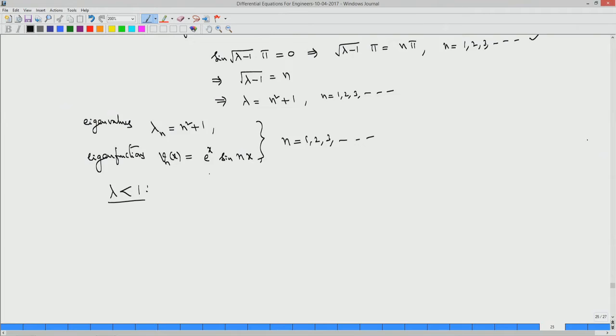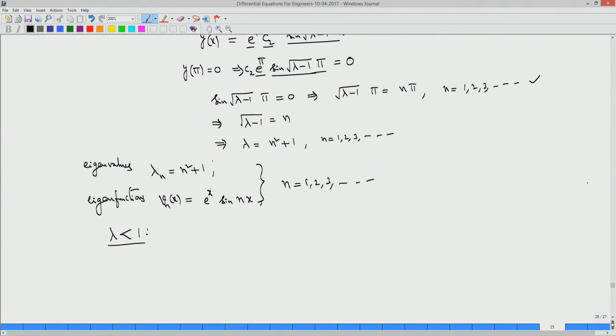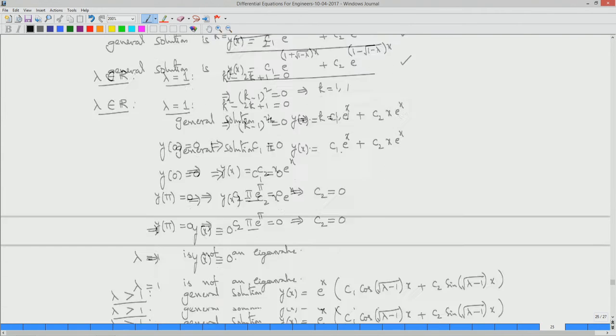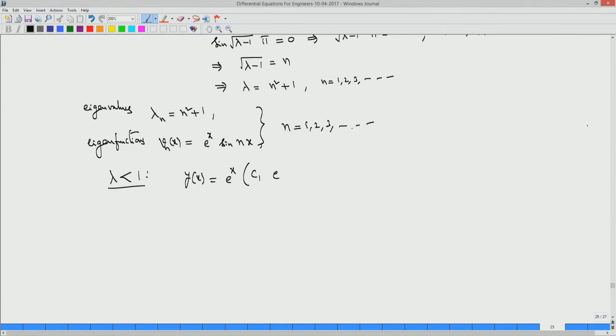If you consider this case, you can rewrite the general solution. So y of x, e power x is common, so you have c1 e power square root of 1 minus lambda x plus c2 e power minus square root of 1 minus lambda x, since when lambda is less than 1 this quantity is positive.